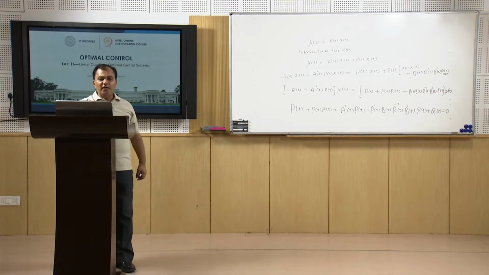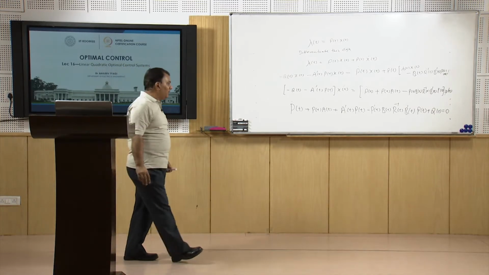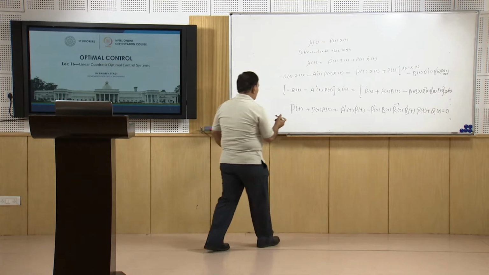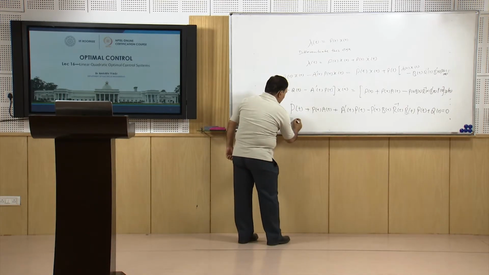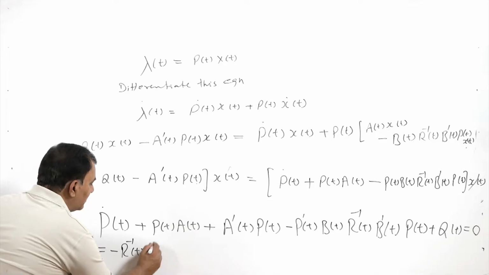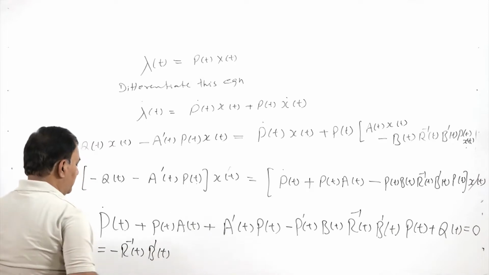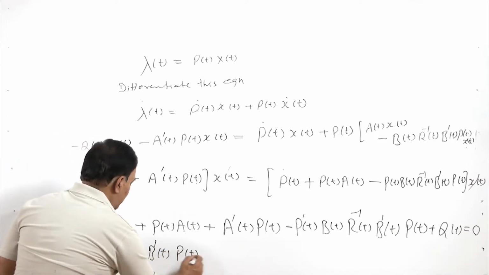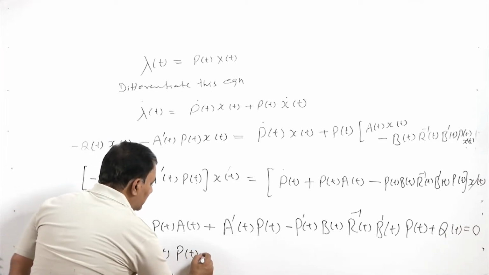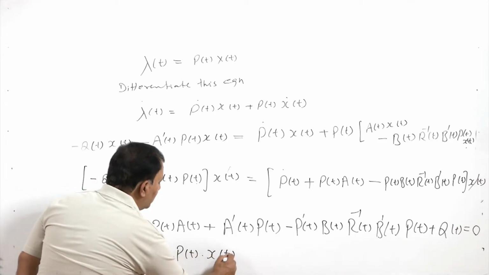Once I know P(t), then directly I can write my u, which is nothing but minus R inverse B transpose P(t) into x(t).